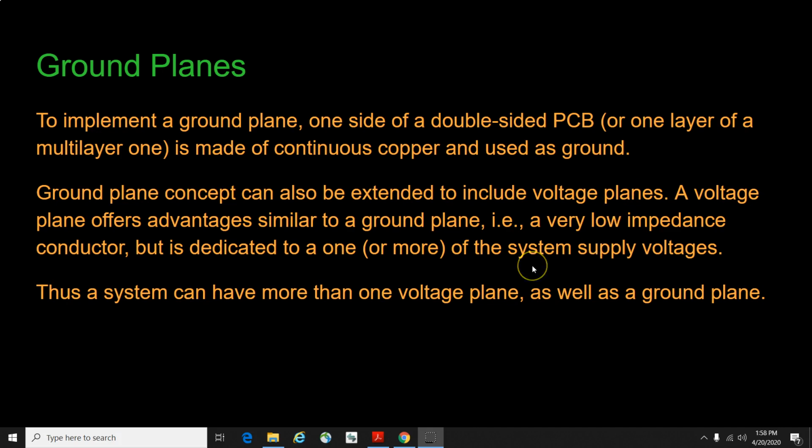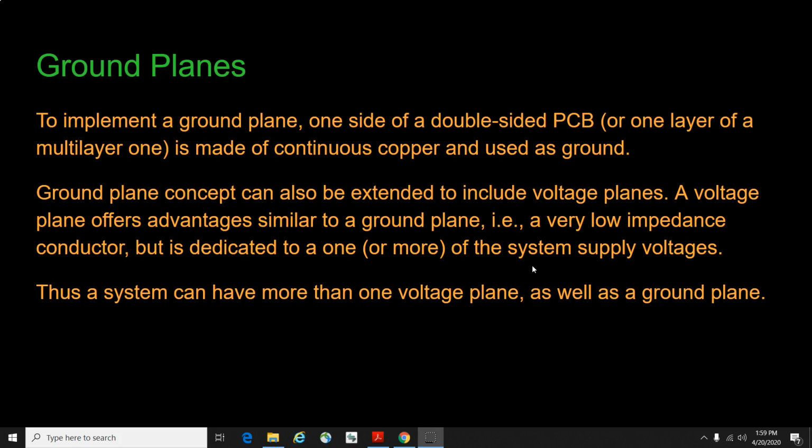And the next point here talks about how the ground plane concept can also be extended to include voltage planes. A voltage plane offers advantages similar to a ground plane, that is a very low impedance conductor, but is dedicated to one or more of the system supply voltages. So similar to your ground planes, if you're working with a multi-layer PCB, you can have multiple ground planes to work efficiently on your design.